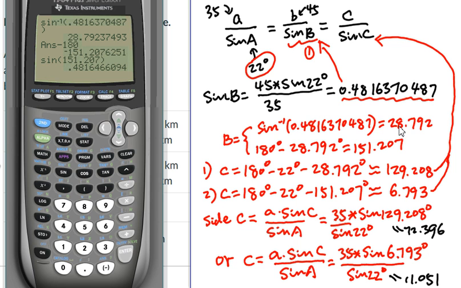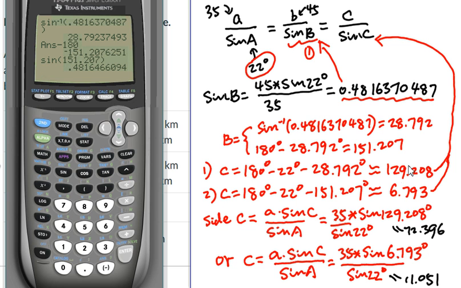So if it was 28.792, then 180 subtract those two angles, you get angle C. If it is 151.207, you get 180 minus 22 minus 151.207. So you then have two angles.